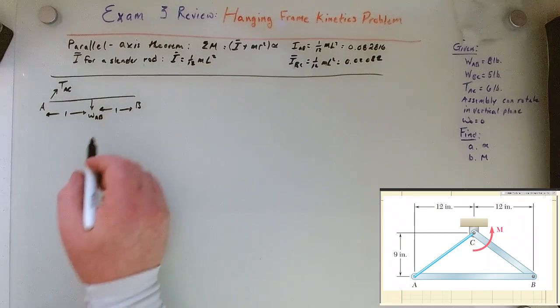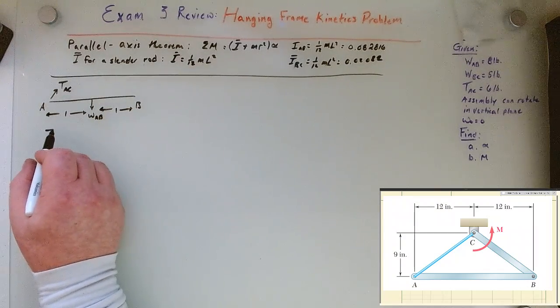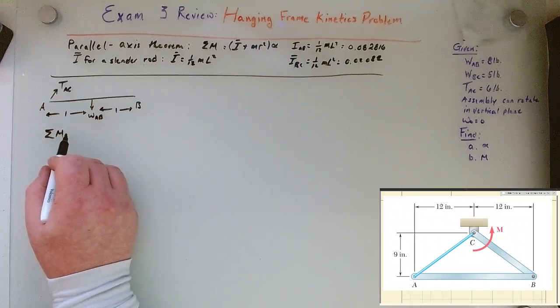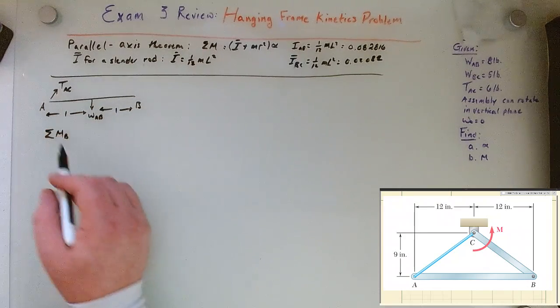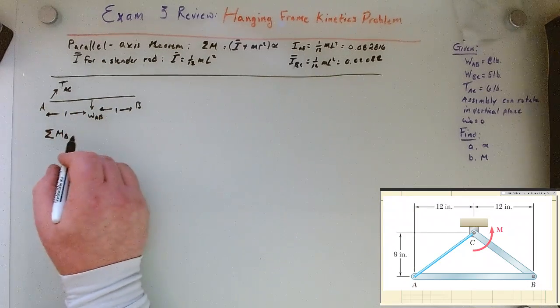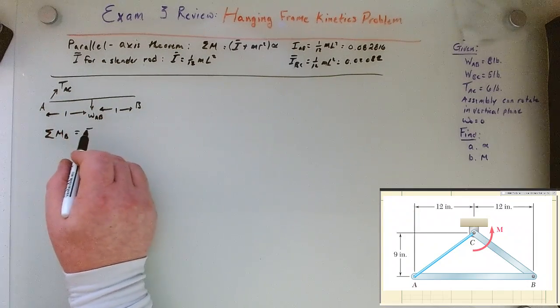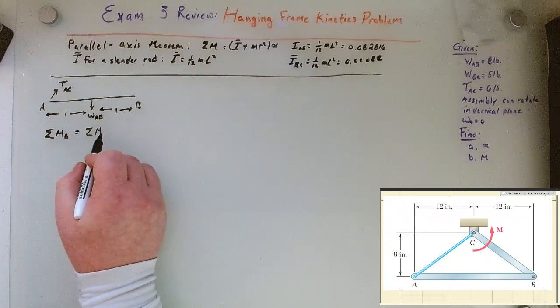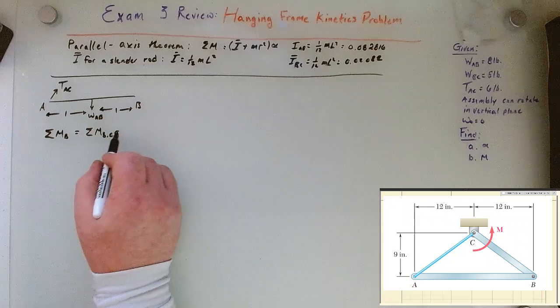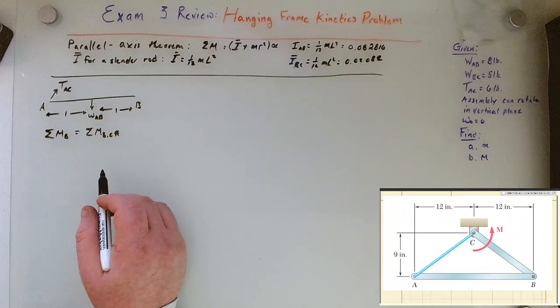Right, so when we do a moment, so we'll say the sum of the moments about B, right, because we want to take into account the tension there, because it's on the rod, that's going to be equal to the sum of their effect, right? So M B effective. All right, so what contributes?